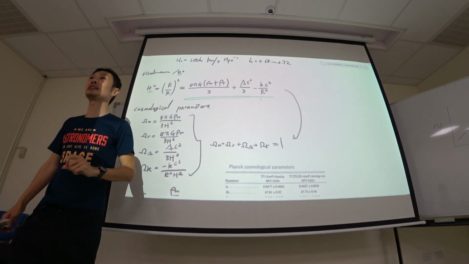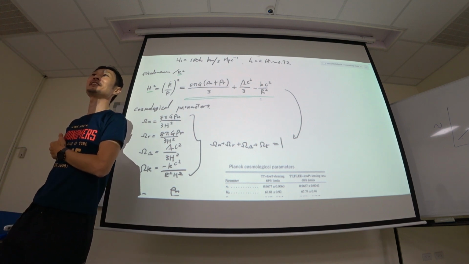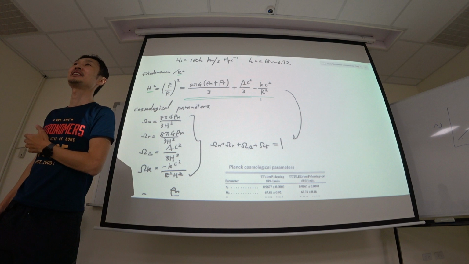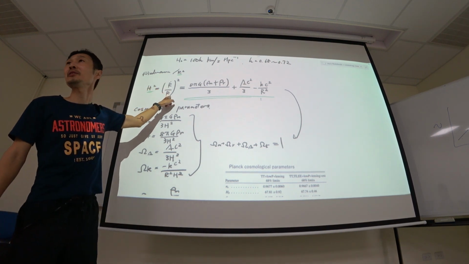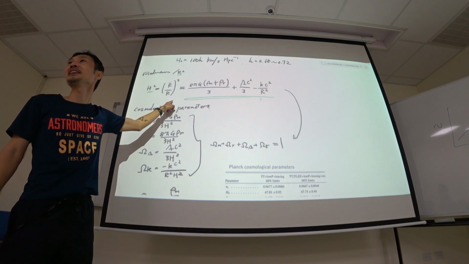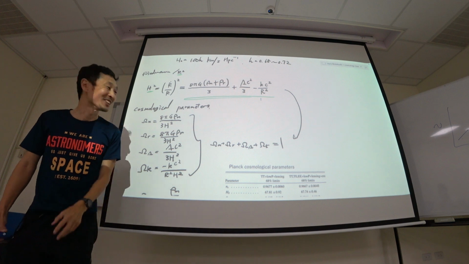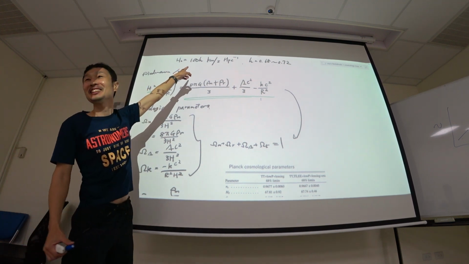R dot divided by R. Julie. Is this the cosmological parameter? Is this the Hubble parameter? This is the Hubble parameter, right? We just defined it.